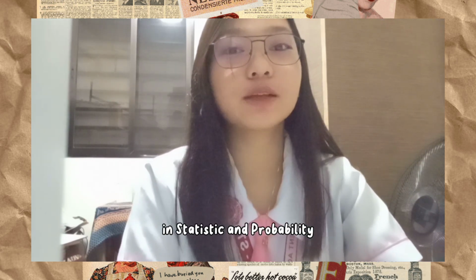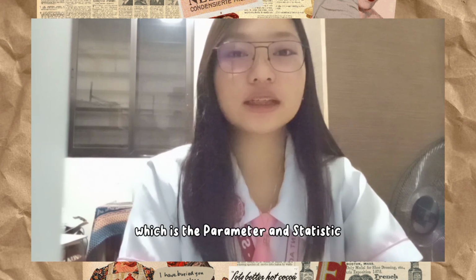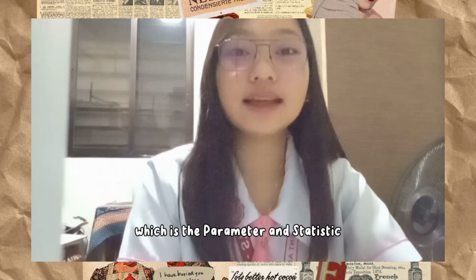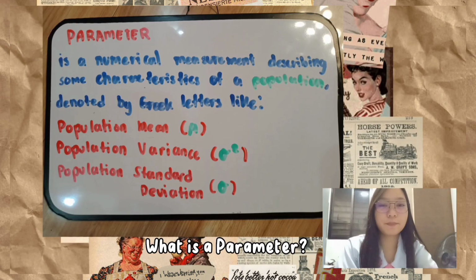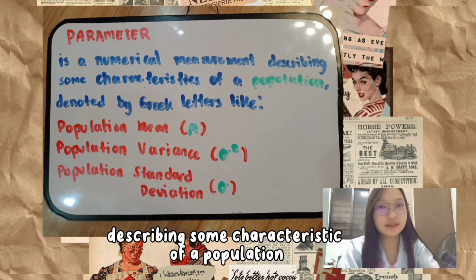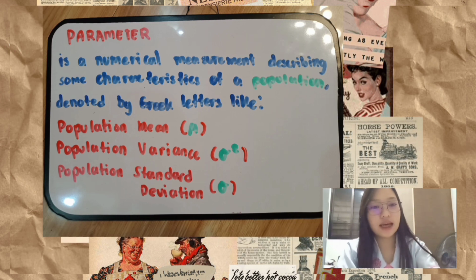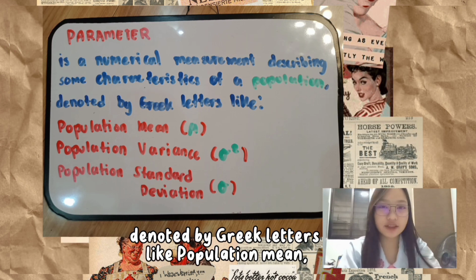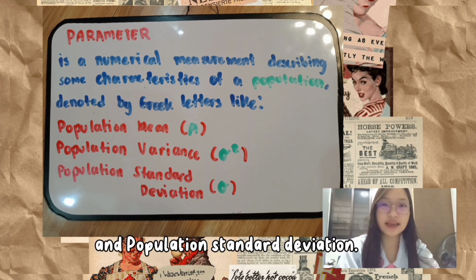And statistics and probability, which is the parameter and statistic. What is a parameter? A parameter is a numerical measurement describing some characteristic of a population, denoted by Greek letters like population mean, population variance, and population standard deviation.